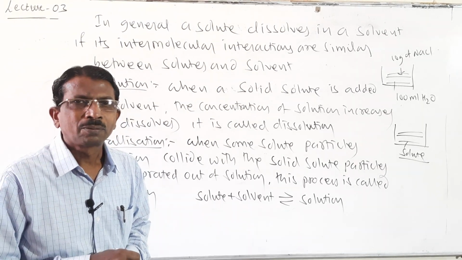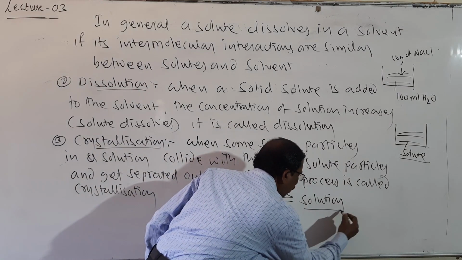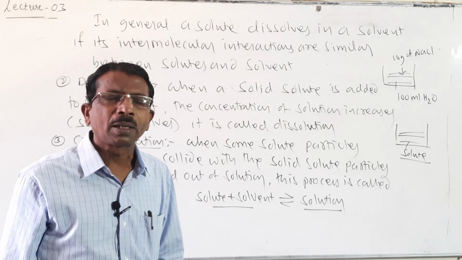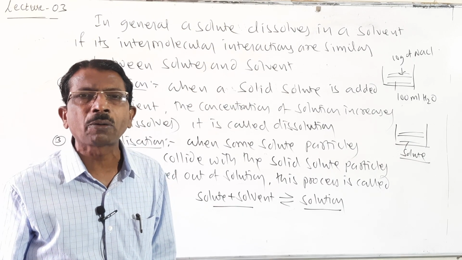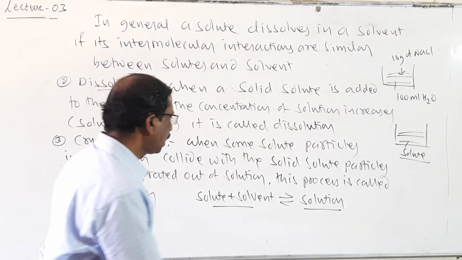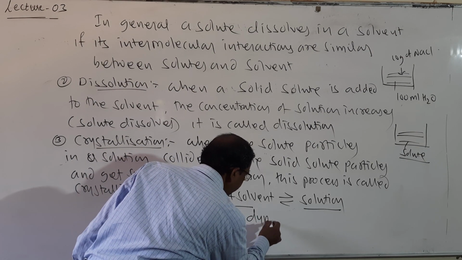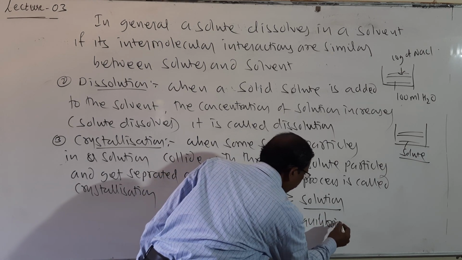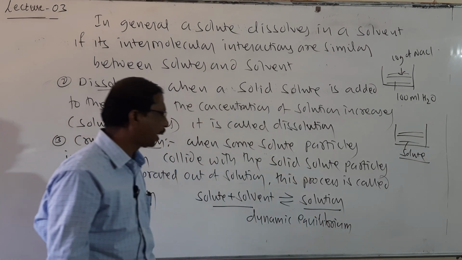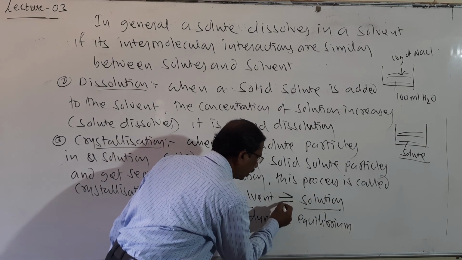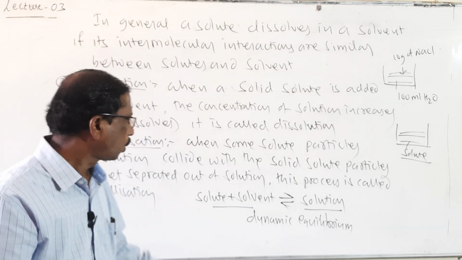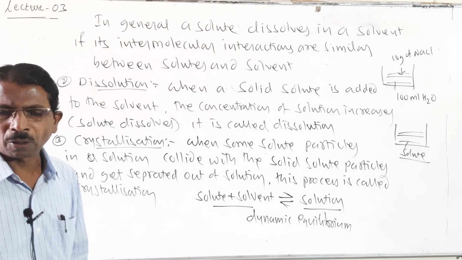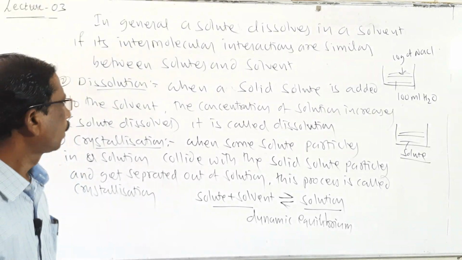And here if the rate of dissolution and the rate of crystallization are the same, then this system is called a dynamic equilibrium. If the concentration of the solution and the solute in solvent are the same, then it is called dynamic equilibrium. So, the concentration remains the same.